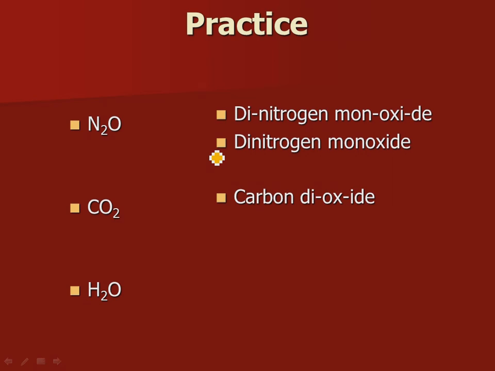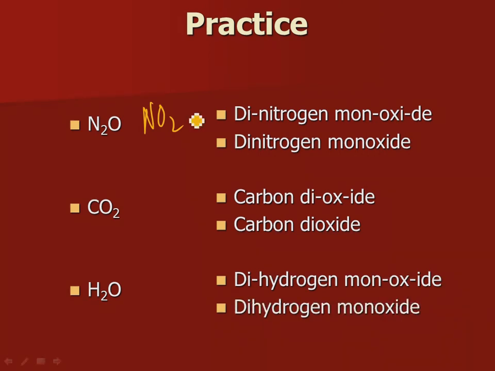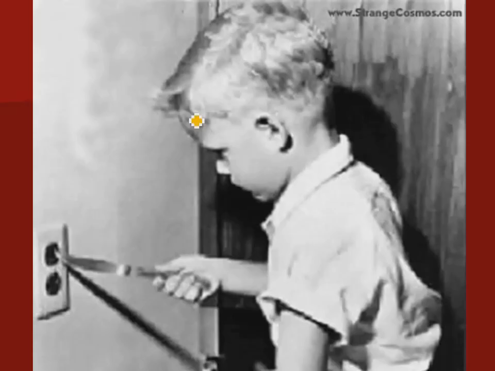No, I'm sorry, NO2. That is laughing gas, yeah. Dinitrogen monoxide is a poisonous gas. Carbon dioxide and water. Don't let them kid you, dihydrogen monoxide, it's water. And I think this is where I'll stop.